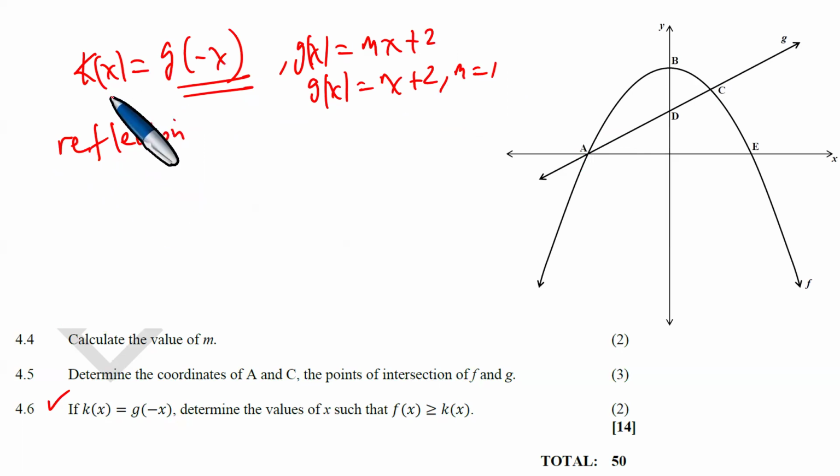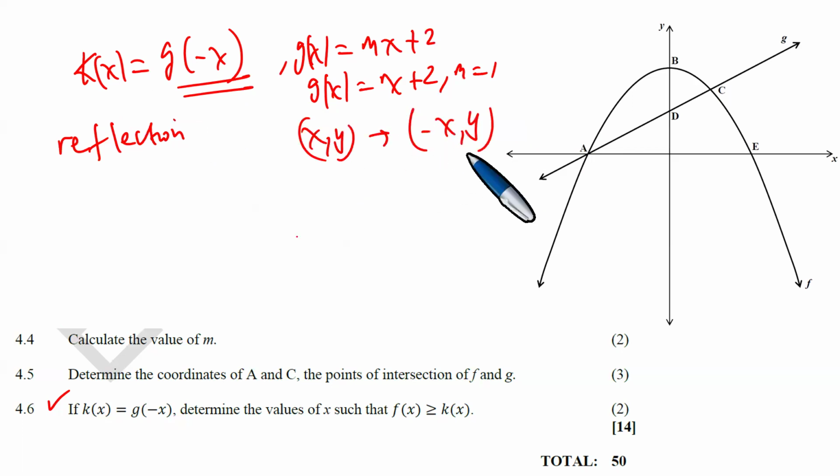Take note of what is happening here: x is becoming negative. So take a point (x, y), and this point is transformed to (minus x, y). x becomes negative in g, and that is called k, the new function.